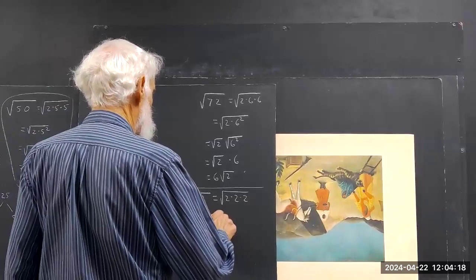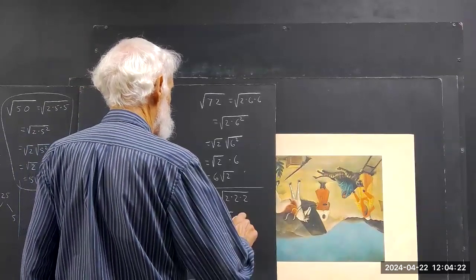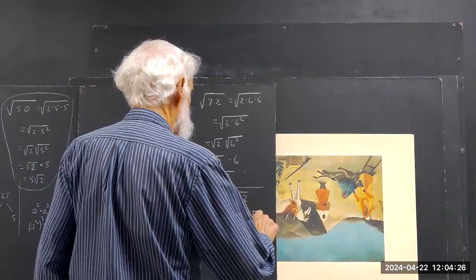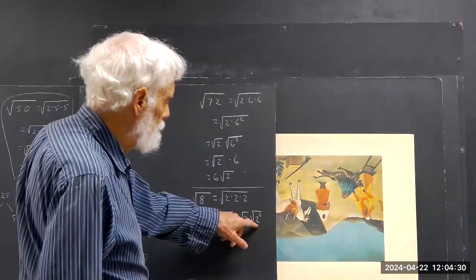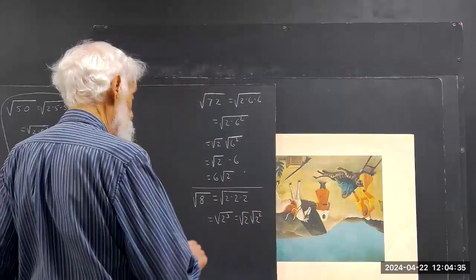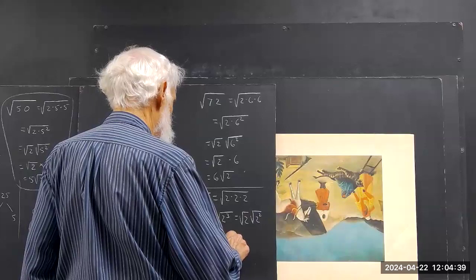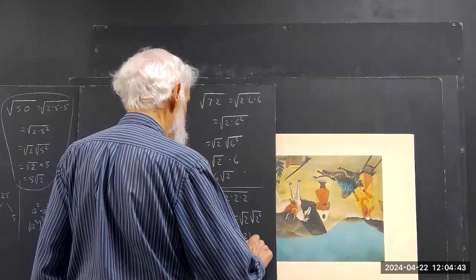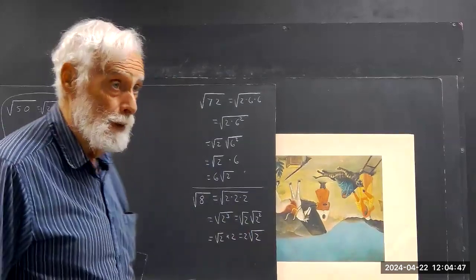Of course, that's the square root then of 2 cubed, which equals the square root of 2 times the square root of 2 squared. And now we take half the exponent of 2 to take the square root, and we get the square root of 2 multiplied by 2, or 2 square root of 2. That's very well done. Everybody did that right.